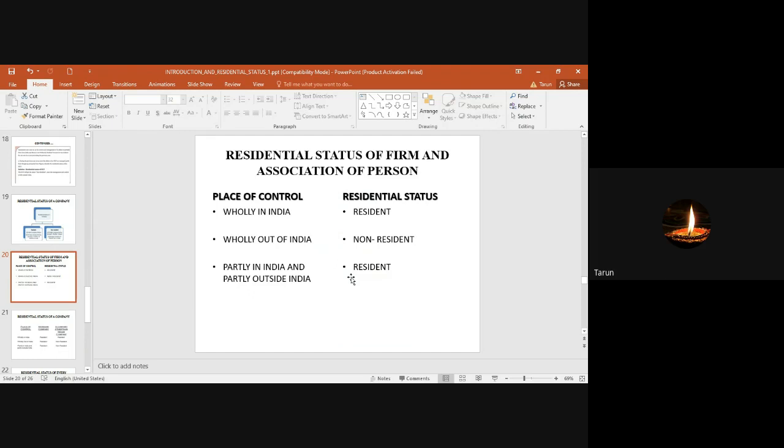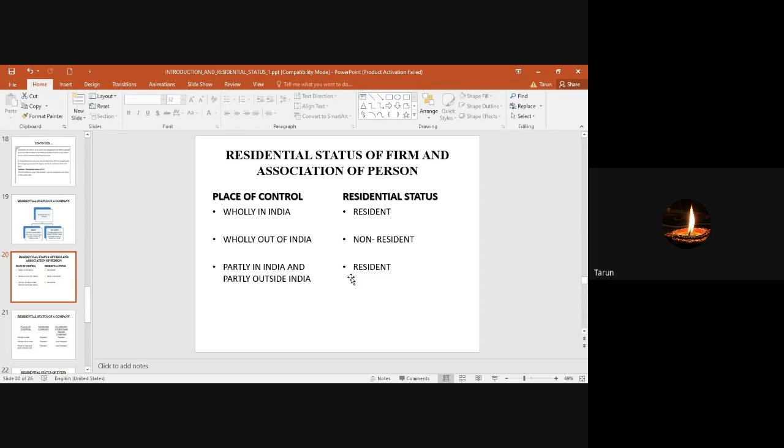So the residential status in case of a firm and association of persons: if the place of control is only in India, resident; only outside India, non-resident; partly in India and partly outside India, resident. It's very similar to the HUF when it comes to control and management, right? If in India, resident; partially or wholly in India, resident; outside India, non-resident.